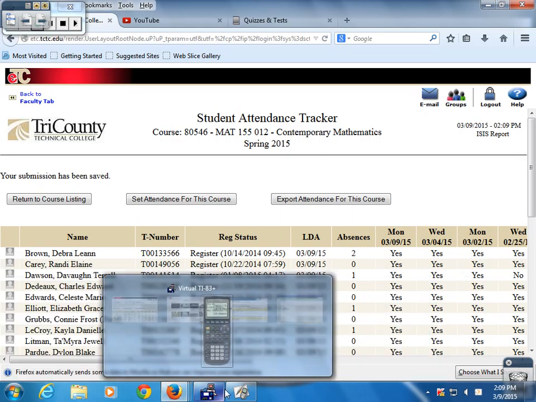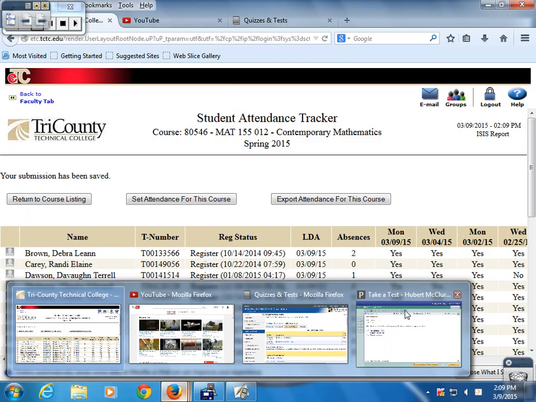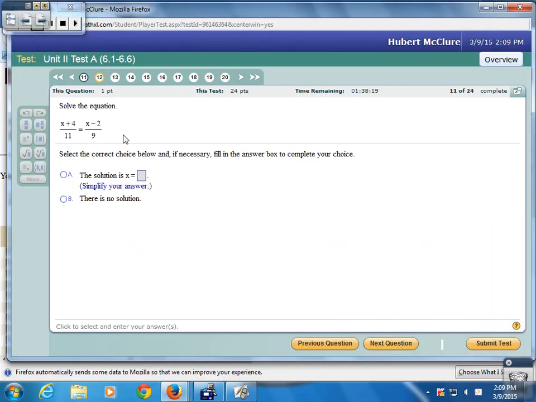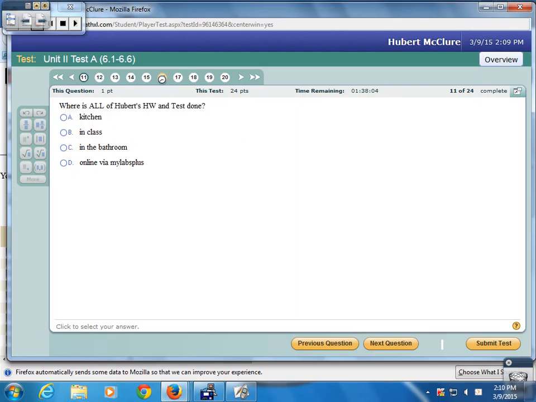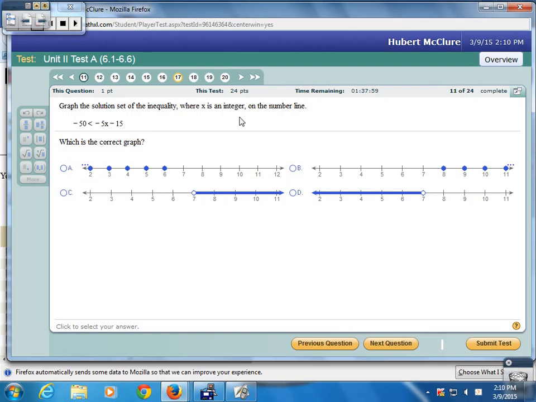This one, hold on. Cross multiply or multiply through by 99. You can do either one. This one's plug and chug. Another integer problem. What's different about this one?